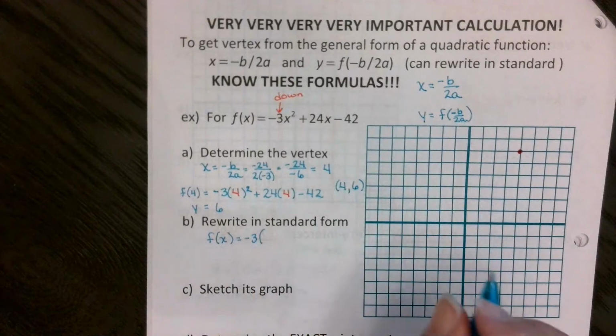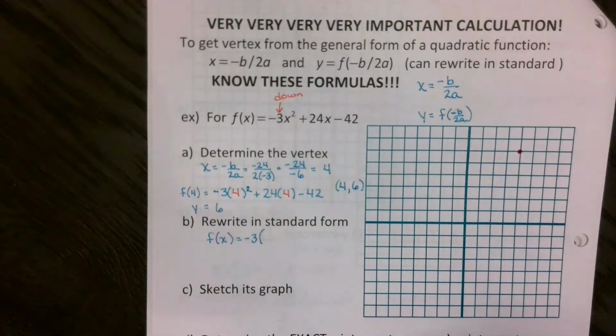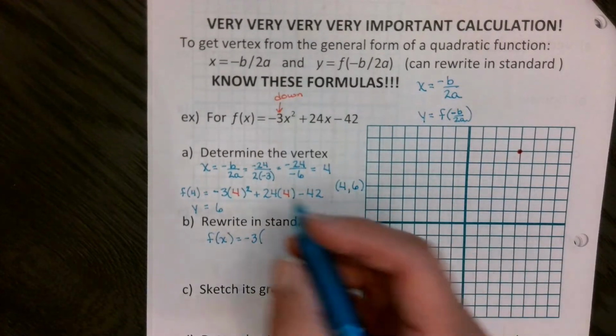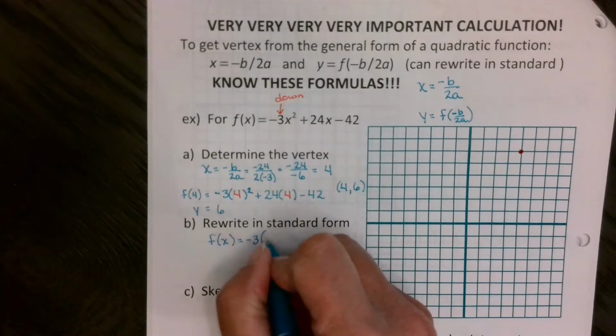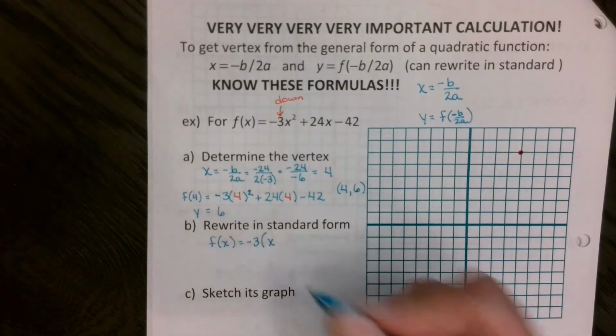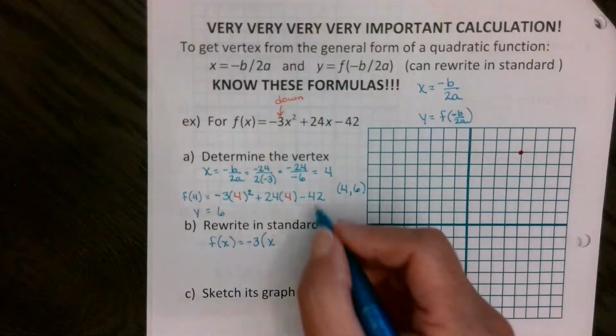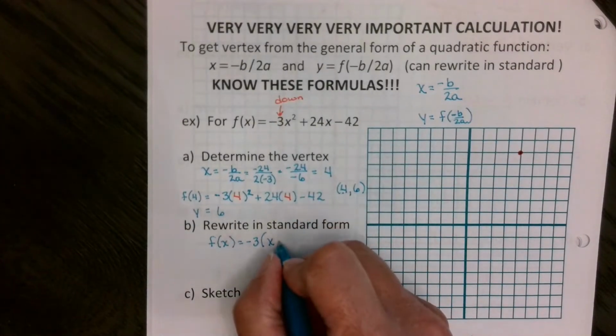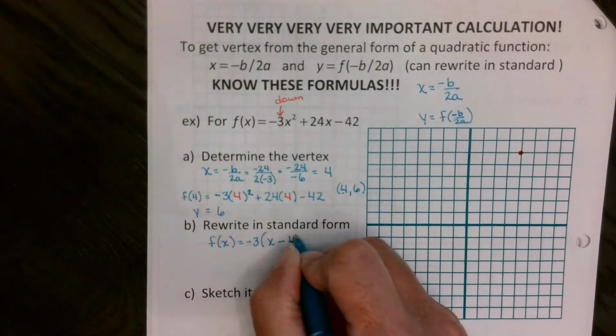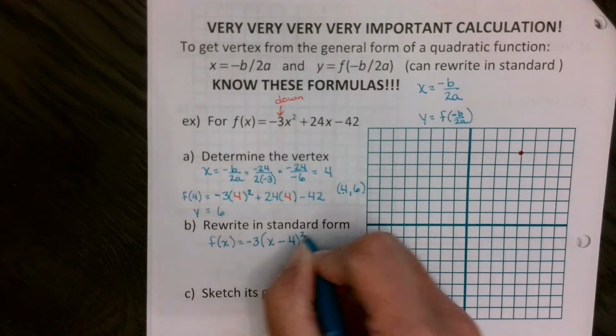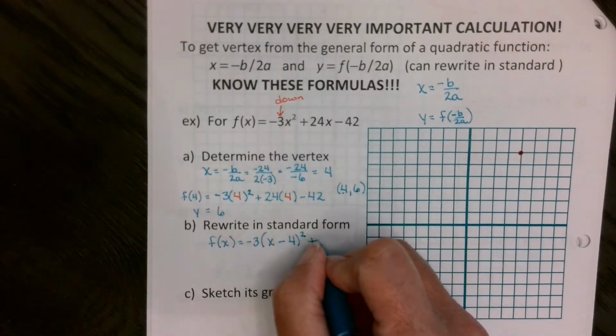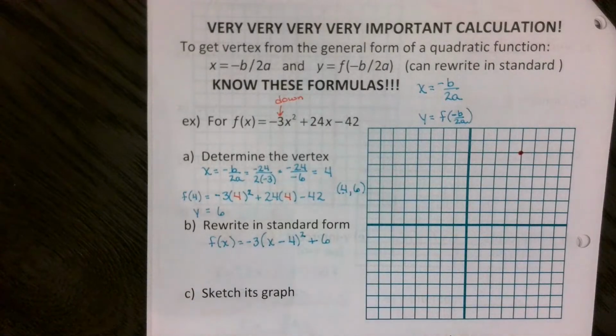We use our vertex. In some books, they call this vertex form. So you're going to say -3 times (x minus whatever your x of your vertex is, in this case 4) squared, then plus whatever your y is.